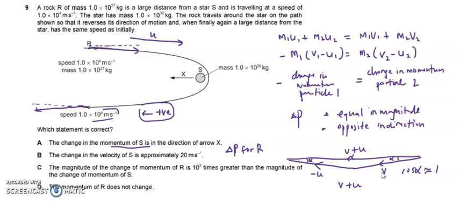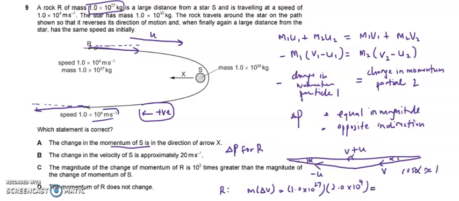So the magnitude of the change in momentum must be m times delta v. We are talking about R first. The mass is given as 1.0 times 10 to the power 27 kg, and v plus u will be 1.0 times 10 to the power 4 plus 1.0 times 10 to the power 4, which becomes 2.0 times 10 to the power 4.